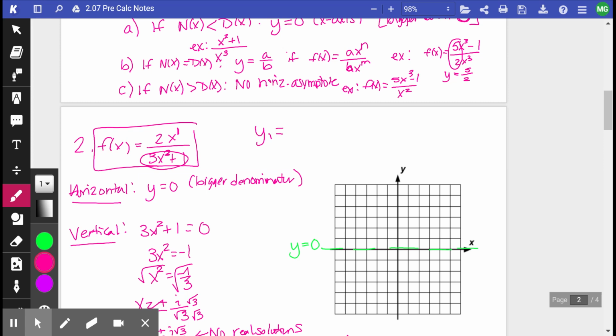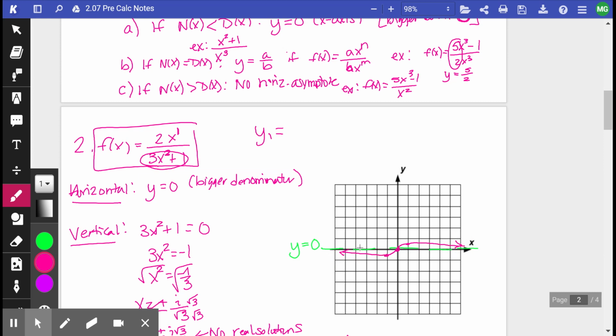It might help to find a few points because you'll see the graph, but it's pretty small on there. If you go to your points, you'll see it goes through at 0, 0. So it actually does cross this asymptote here, which will happen. And then you got 1 half and negative 1 half. And then you'll see it kind of curves back towards that asymptote.